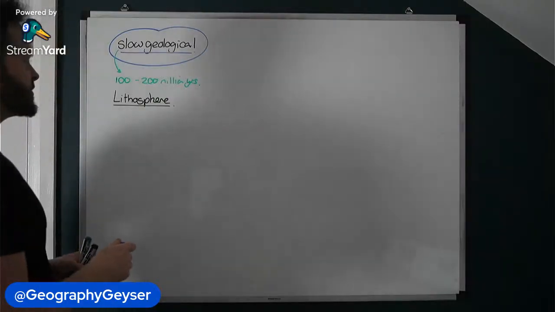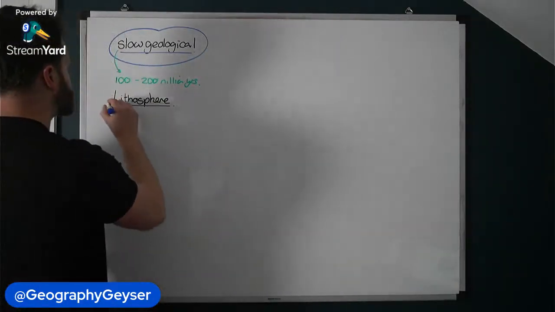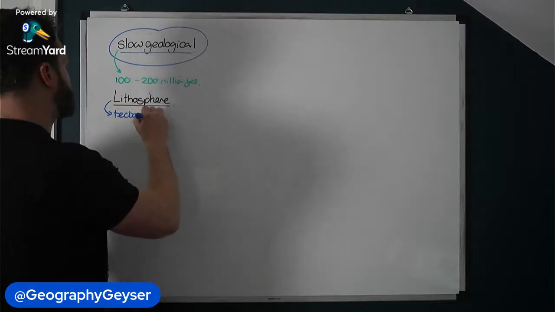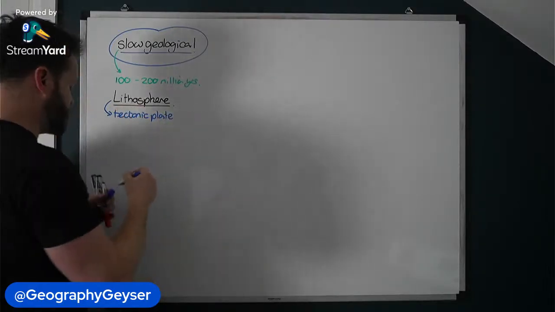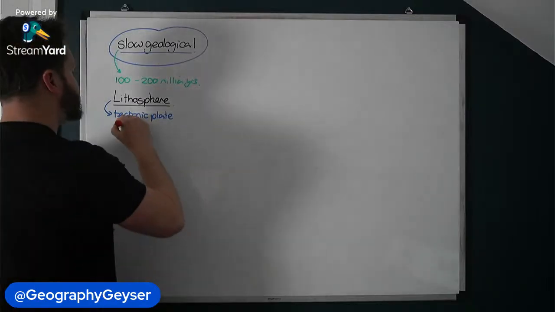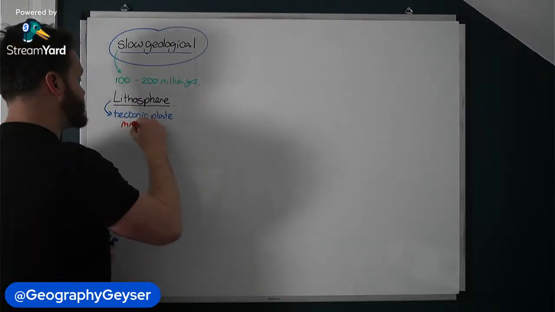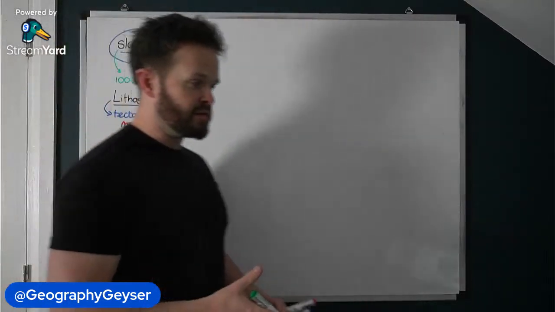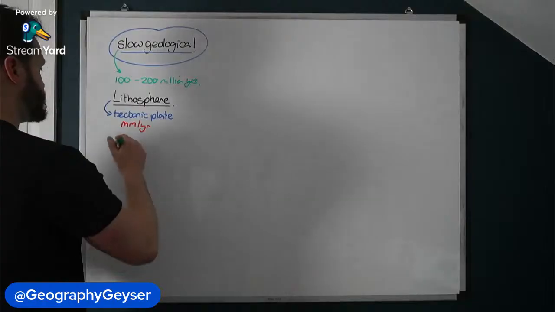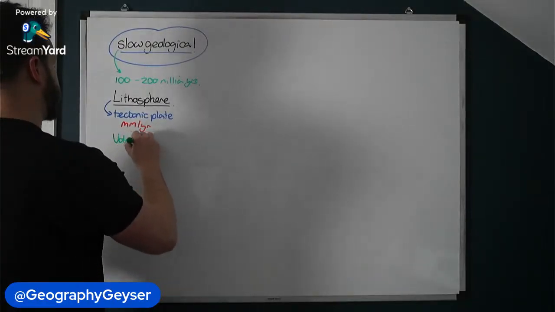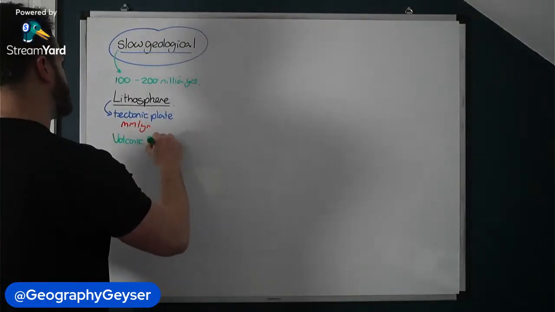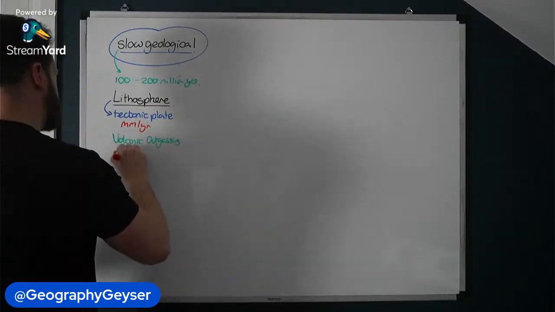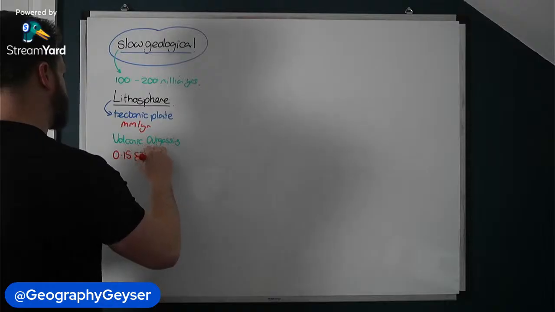That movement is primarily a consequence of tectonic plate movement, which takes place at millimeters per year, and the natural release of carbon dioxide into the atmosphere is from volcanic outgassing, which takes place at a rate of around 0.15 gigatons per year.